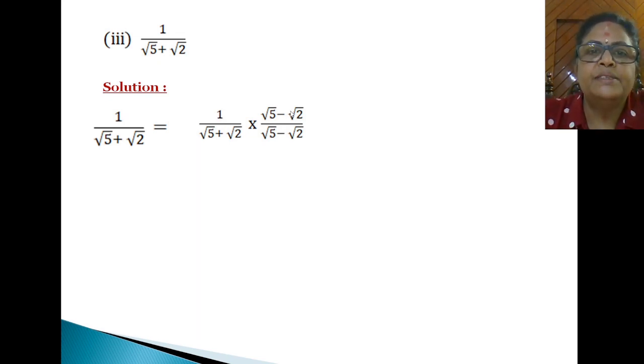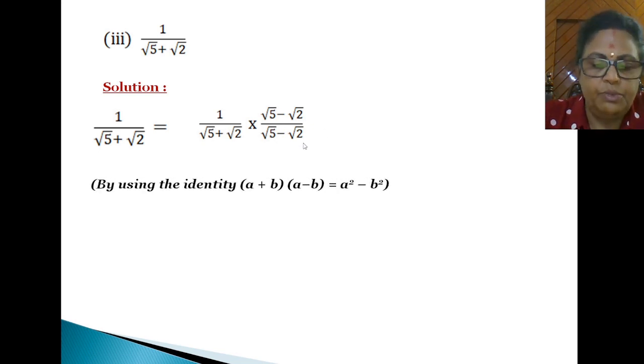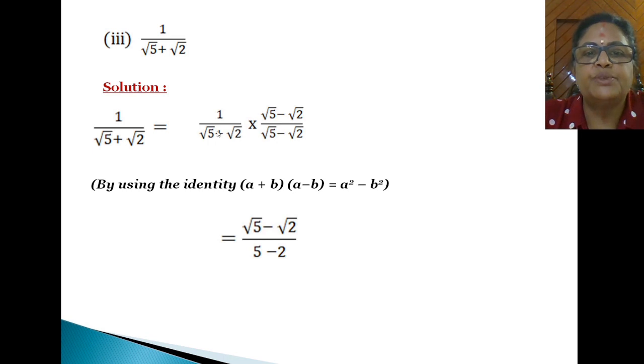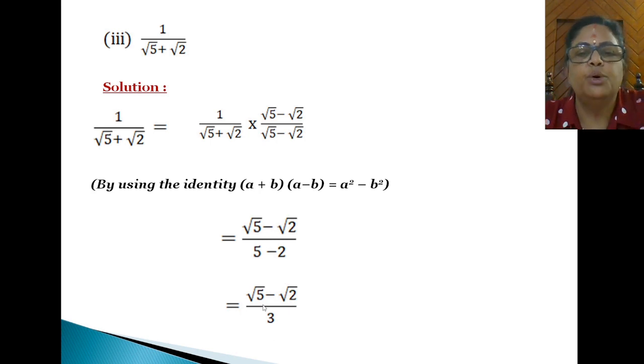Numerator into numerator, 1 into root 5 minus root 2, root 5 minus root 2. Here (a plus b) into (a minus b) form, so a squared minus b squared: root 5 squared minus root 2 squared. We will get root 5 squared is 5, root 2 squared is 2. So root 5 minus root 2 divided by 5 minus 2, that is 3. Root 5 minus root 2 by 3. 3 is a rational number. Rationalize the denominator.